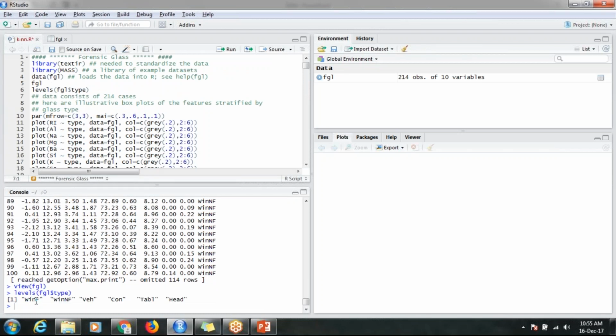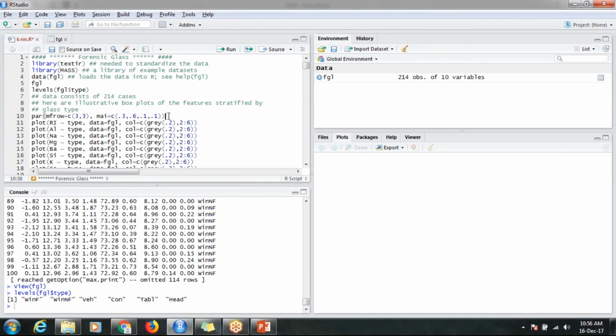I have here 6 types of glasses with me, and this is what I want to predict, how it should be labeled. I have 214 observations, and let us try to partition it and understand how it will score in my test data set.